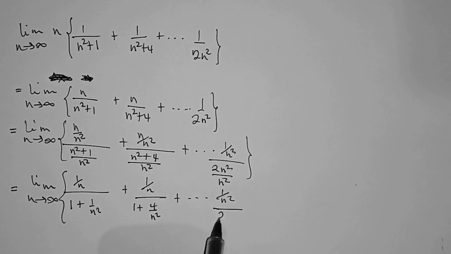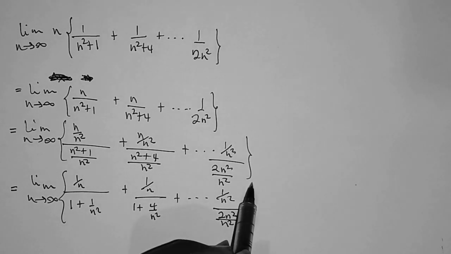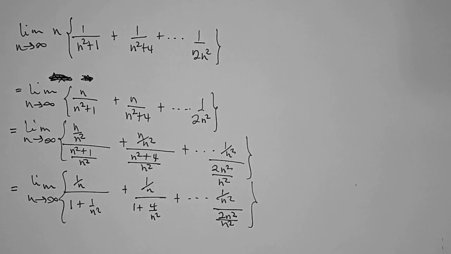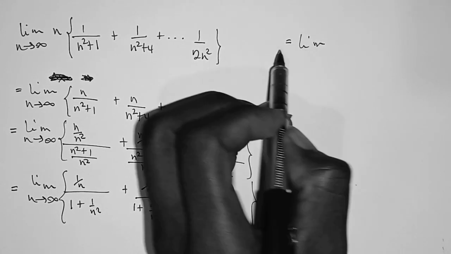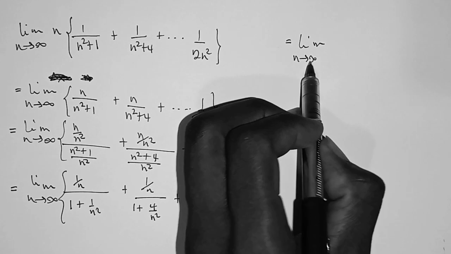So I'll still keep this as 2n squared over n squared. So now this is equal to the limit as n approaches infinity.